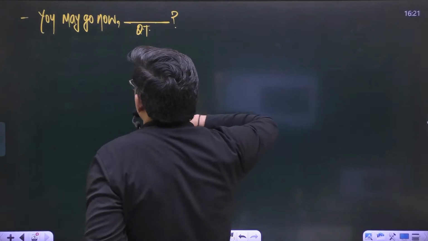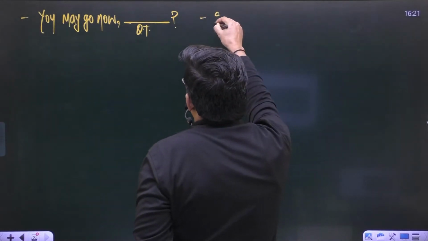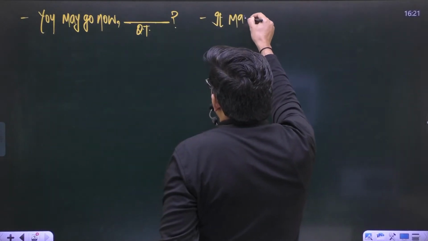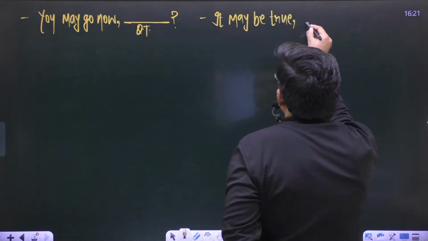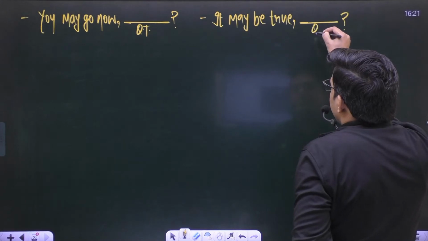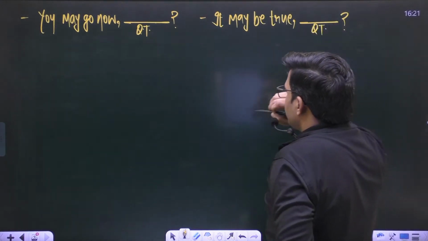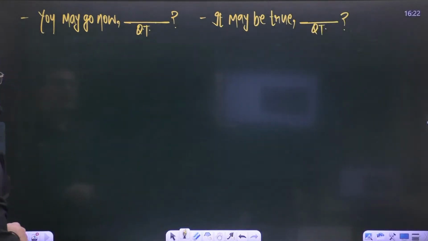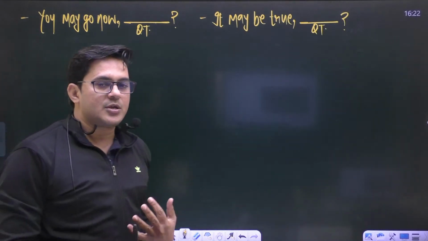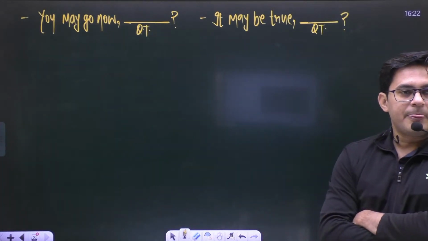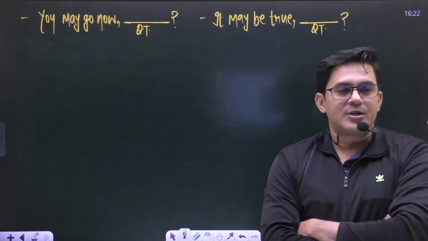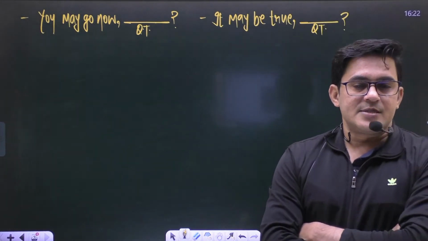And if I say, it may be true, again you have to fill in the question tag in the blank. You may go now, or it may be true. So what can be the question tag in both the sentences?